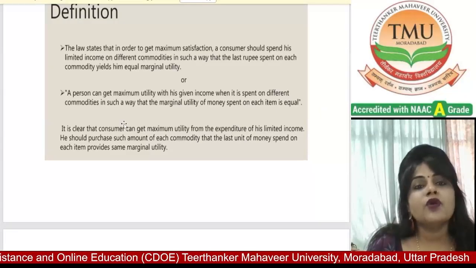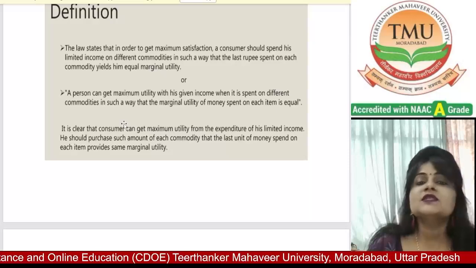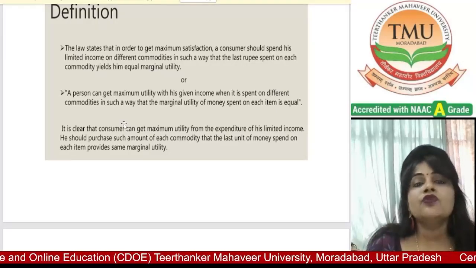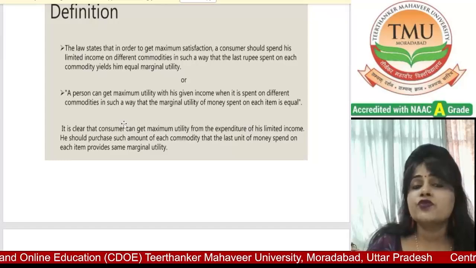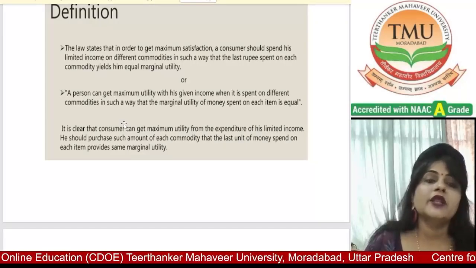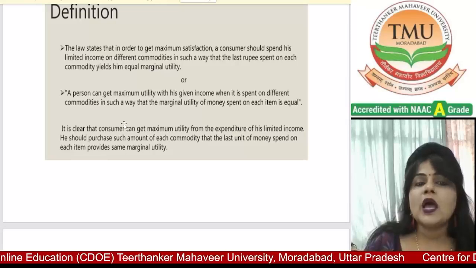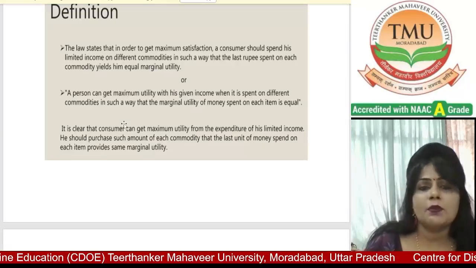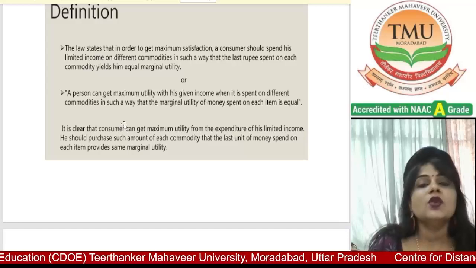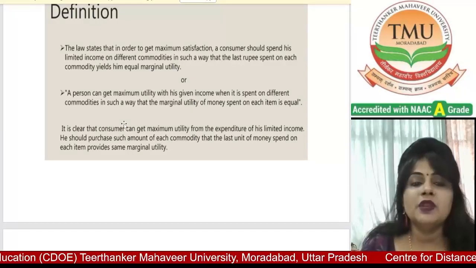If you go for another one, is the feeling the same? No, now you don't feel happy. Moreover, you start to feel a little sick because more chocolate is harmful. So, as the units of the same item go on increasing, the marginal utility goes on diminishing.